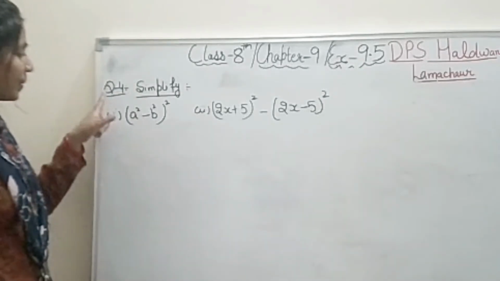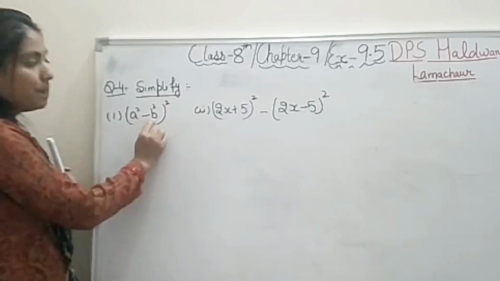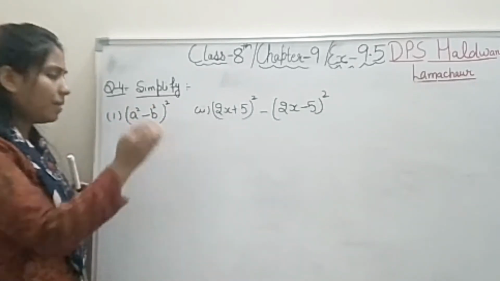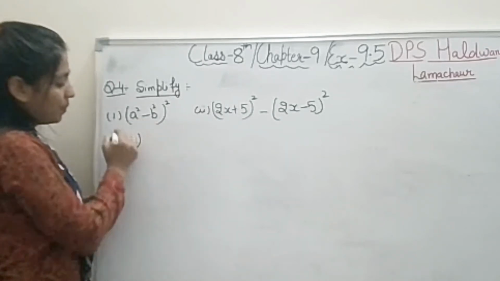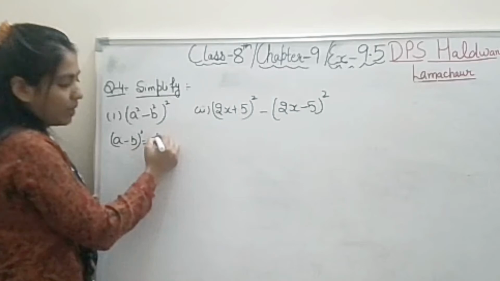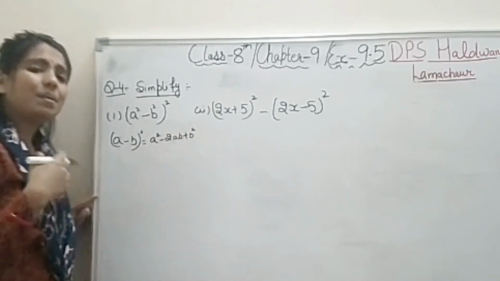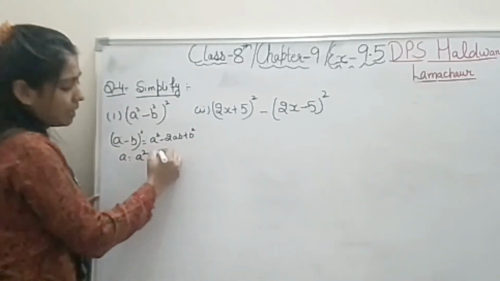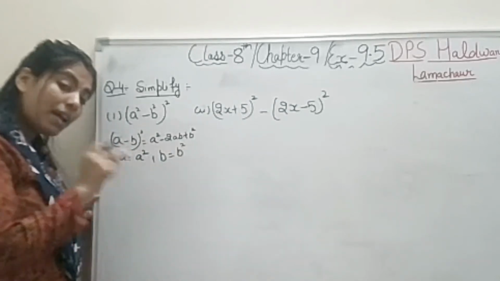Question number 1. A square minus b, you can say a minus b ka whole square. In the place of a, whatever term it can be, but it is a minus b ka whole square. The formula will be a square minus 2ab plus b square. Again and again same identity. In the place of a, this is a square, in the place of b, there is b square. Value can be anything, but formula is this only.